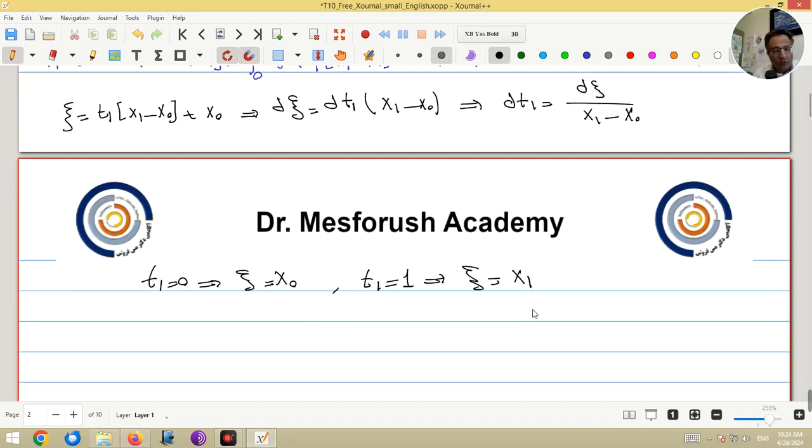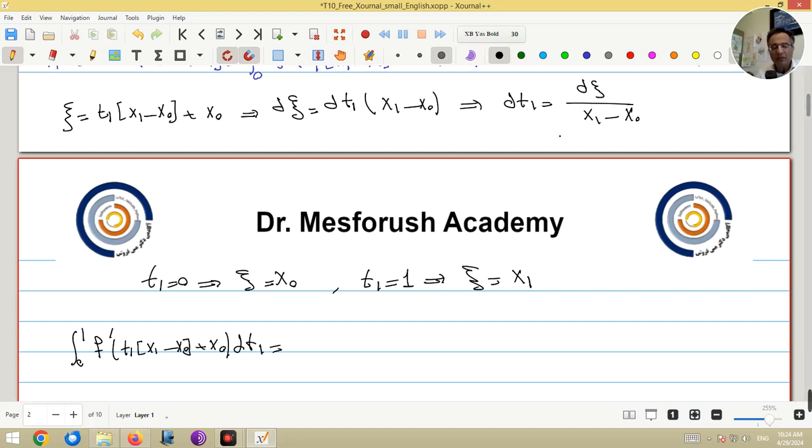So I can compute the integral from 0 to 1 of f prime of (t1(x1 - x0) + x0) dt1.